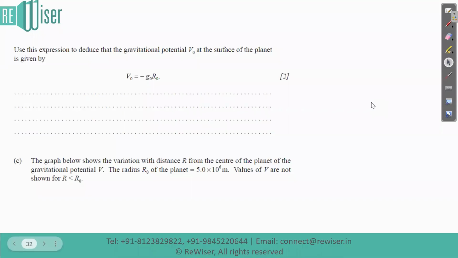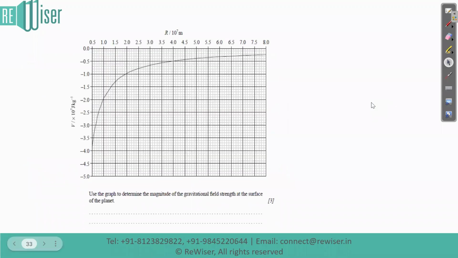Now see, the graph below shows the variation with the distance r from the center of the planet of the gravitational potential V. The radius r0 of the planet is 5 into 10 to the power 6 meters. Values of V are not shown. Use the graph to determine the magnitude of the gravitational field strength at the surface of the planet.